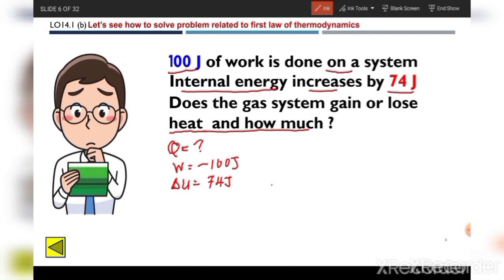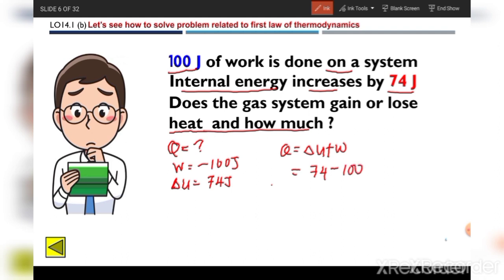So how to find heat? We use the first law of thermodynamics formula, which is Q is equal to delta U plus W. We just substitute all the information given. So we have delta U is 74 minus 100.